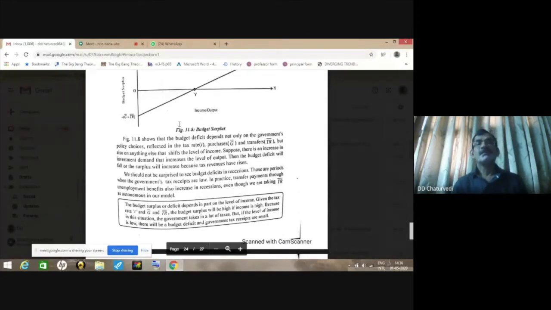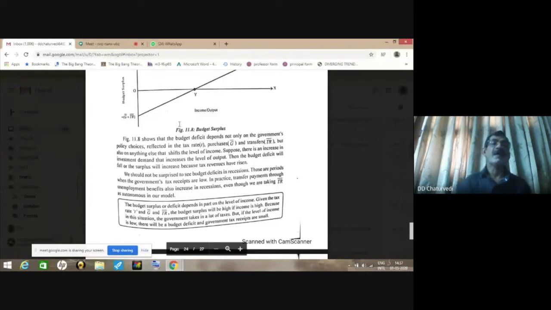In the box, we can make some concluding remarks. The budget surplus or budget deficit depends on the level of income. Given the tax rate small t, G bar, and transfers, the budget surplus is going to be very high if the income level is high.